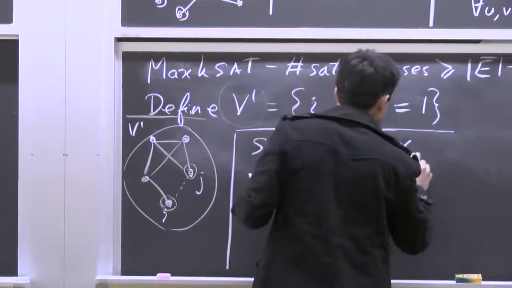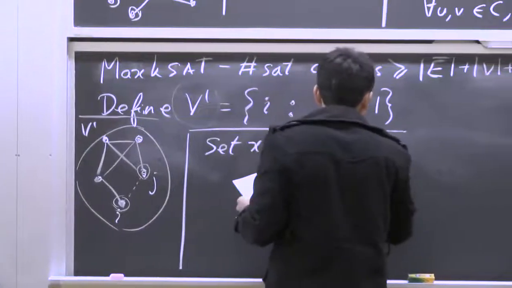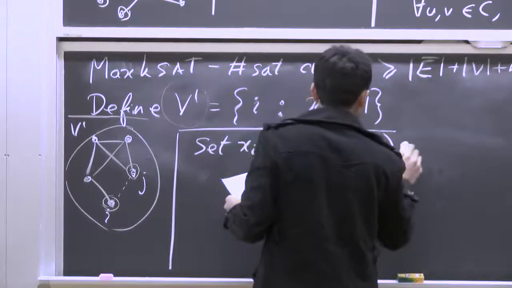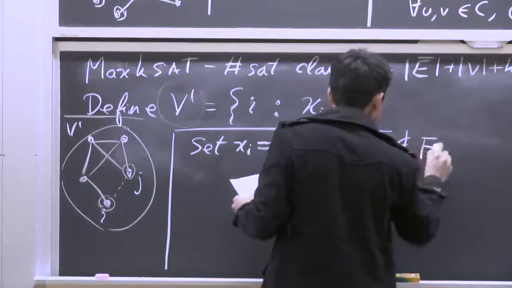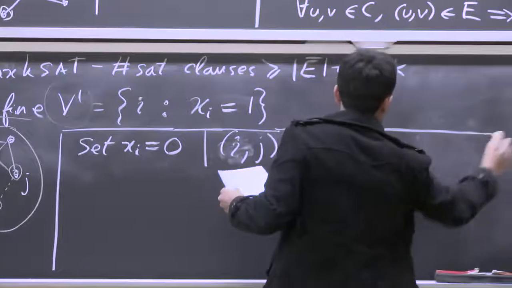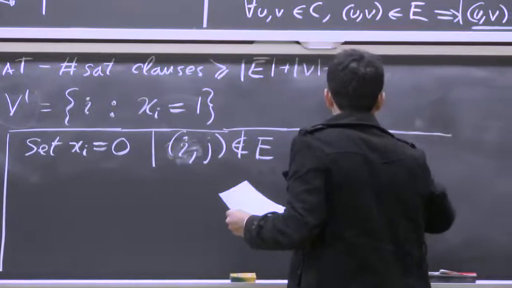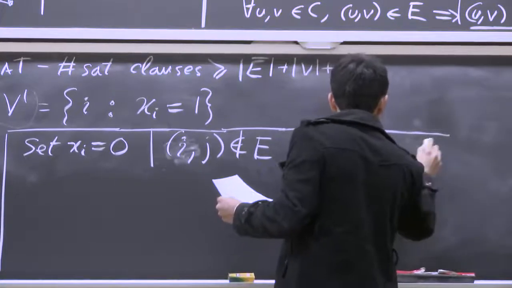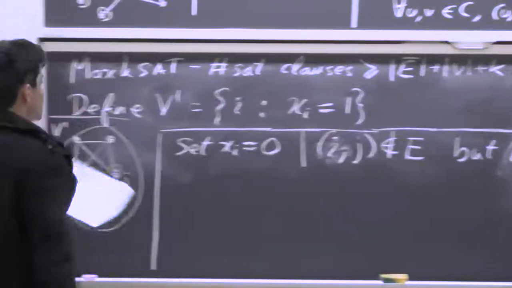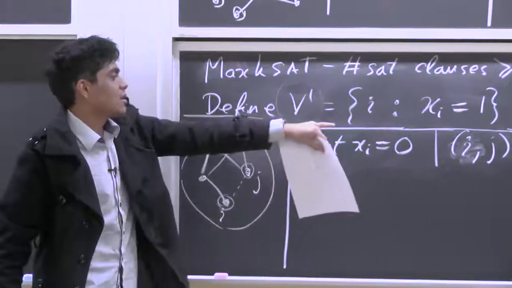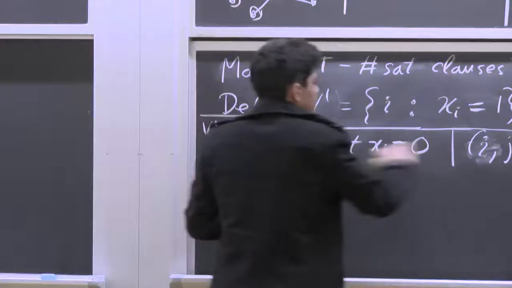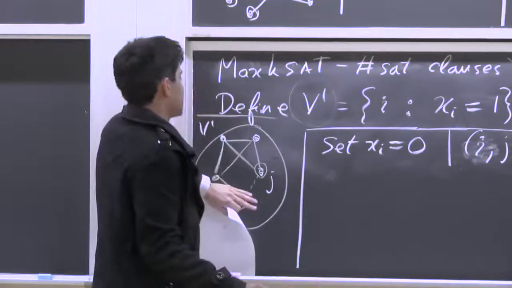So (i, j) is not an element of E, but these i, j were supposed to be in the clique, while (i, j) is not in the edge set, so it's not actually a clique. So the way we resolve that is we say, okay, let's just forget about this vertex. Let's say it's just not in the clique.